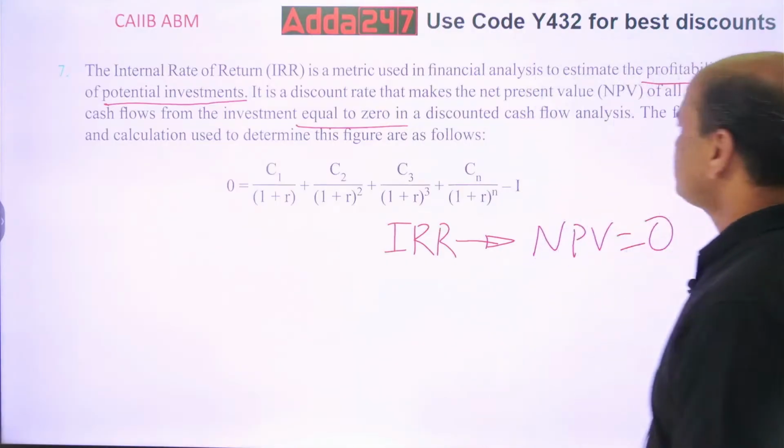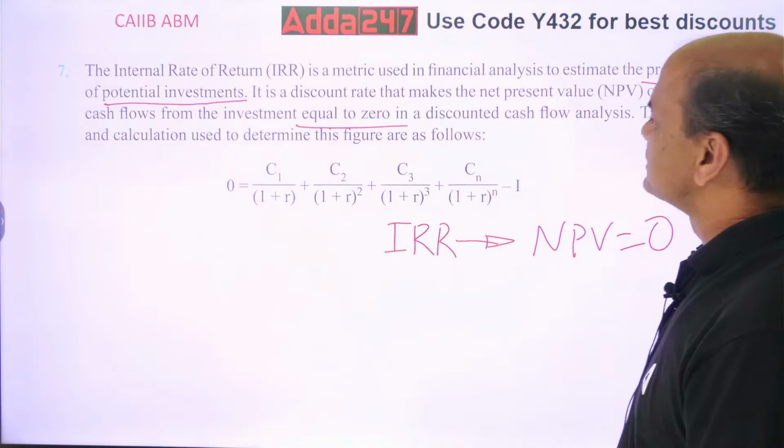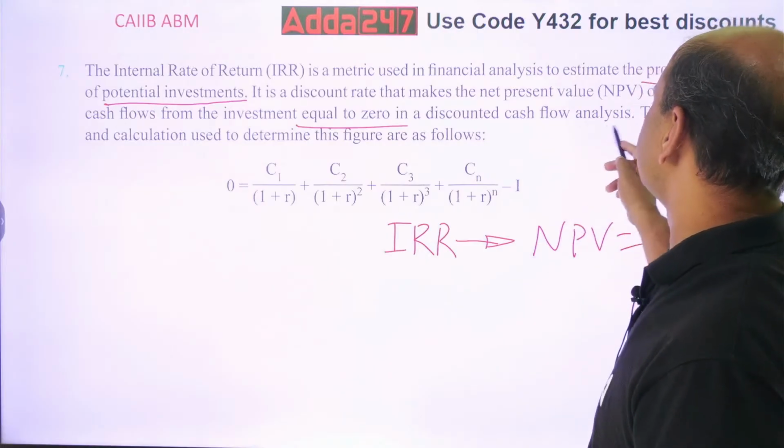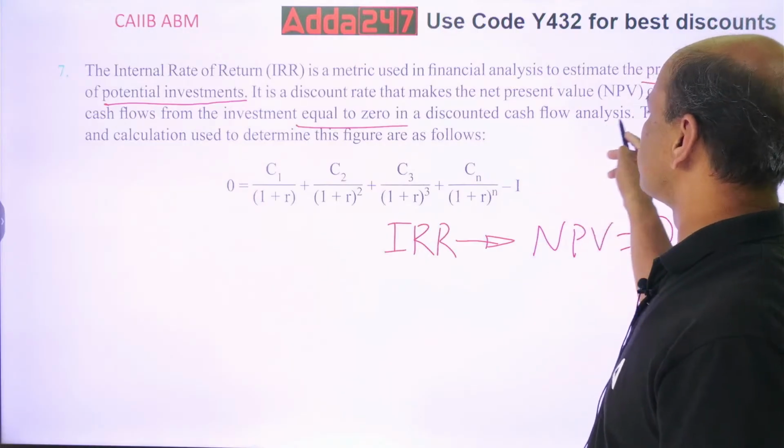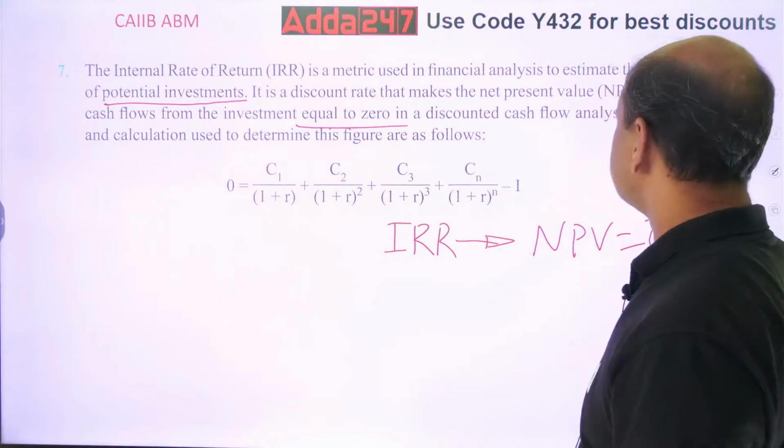So NPV equals 0 is discounted cash flow in a discounted cash flow analysis.